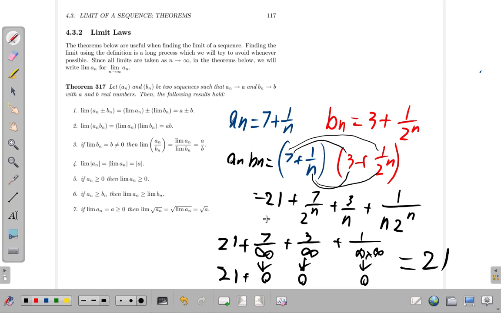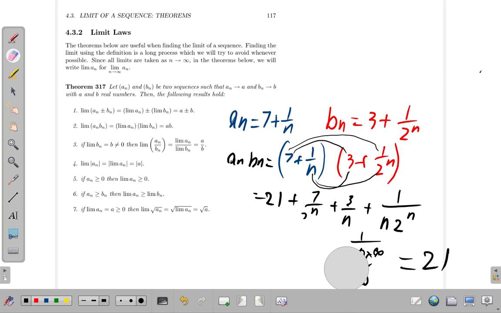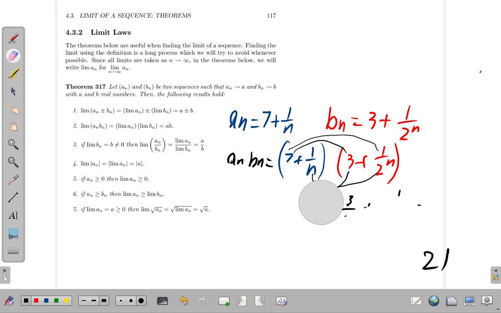Now, let's do them independently and multiply and see if we get back the 21. So let's erase these to make space. I don't want to touch the 21 there. We have an, where an is 7 plus 1 over n.